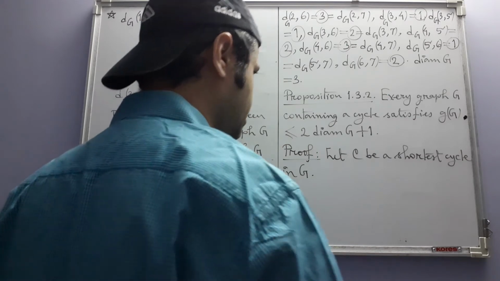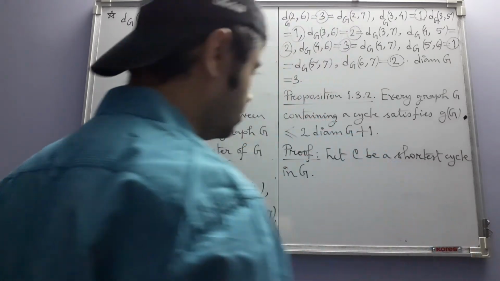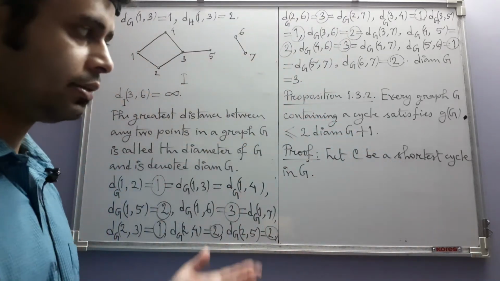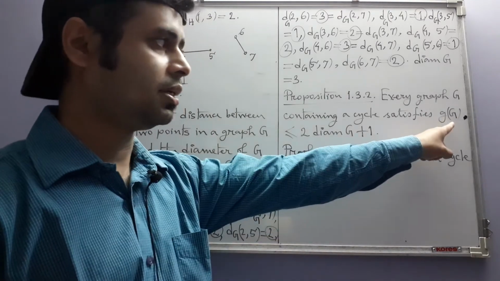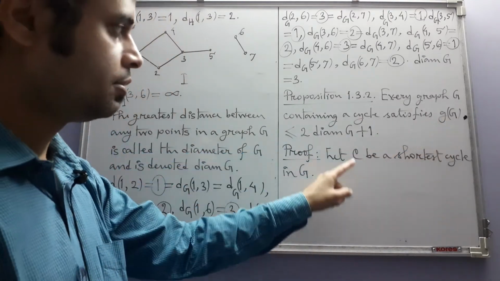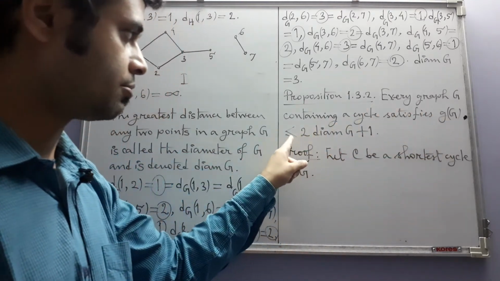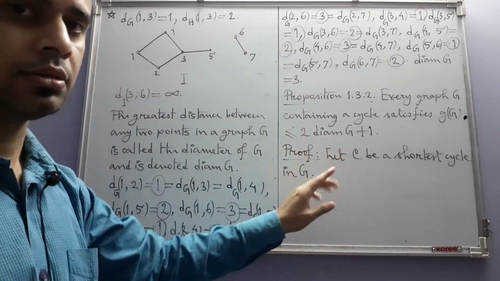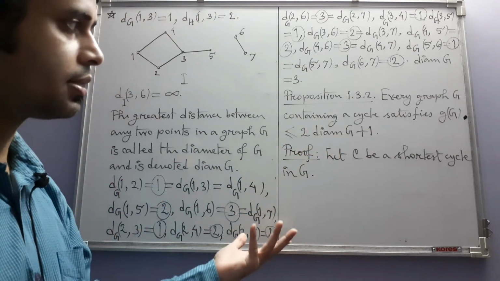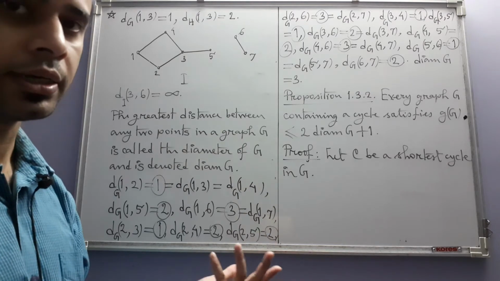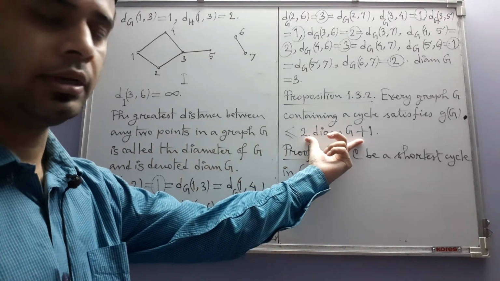Let C be a shortest cycle in G. So that means the length of C will be equal to the girth of G. We want to prove that it's less than or equal to this, but to the contrary, let us suppose that it's strictly greater than this integer.